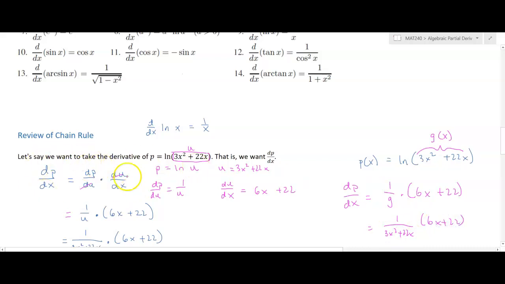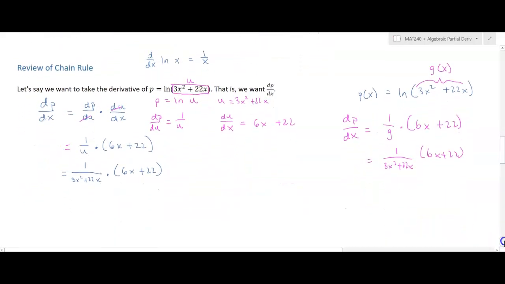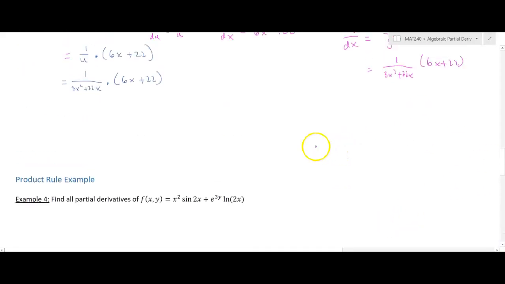And I prefer this format here because it allows me to make any substitutions to simplify the function I'm trying to differentiate. And so I create some sort of substitution to make it look like one of the base functions in our derivative sheet. And then I can reconstruct and multiply the derivatives back together to formulate the derivative I'm looking for. So for instance, we'll take a look at one more example here.